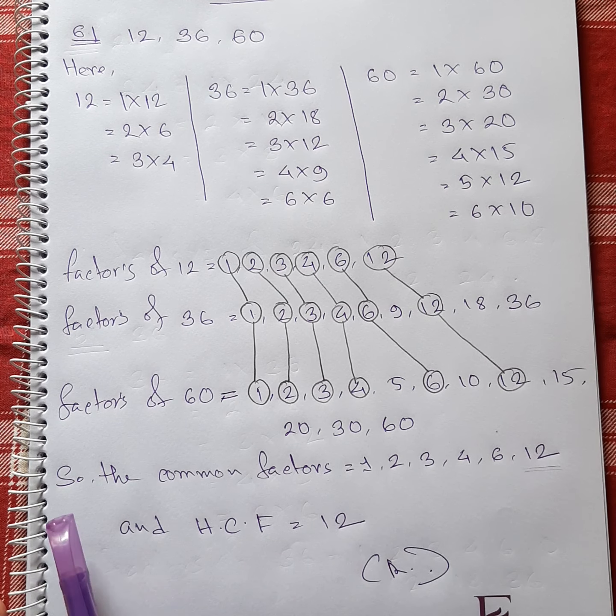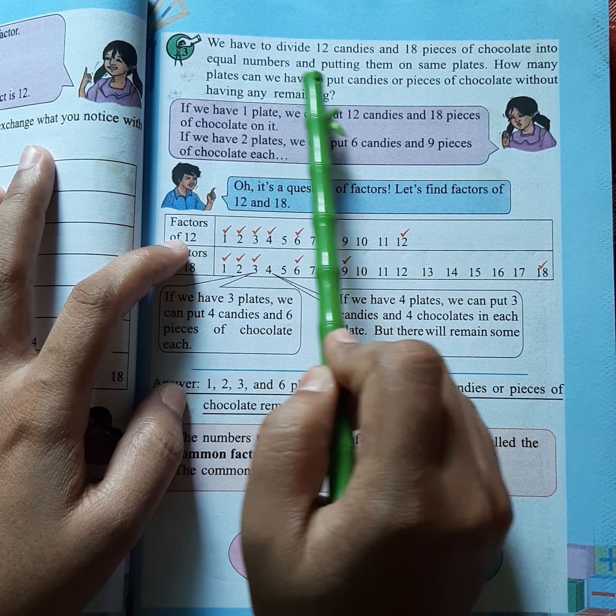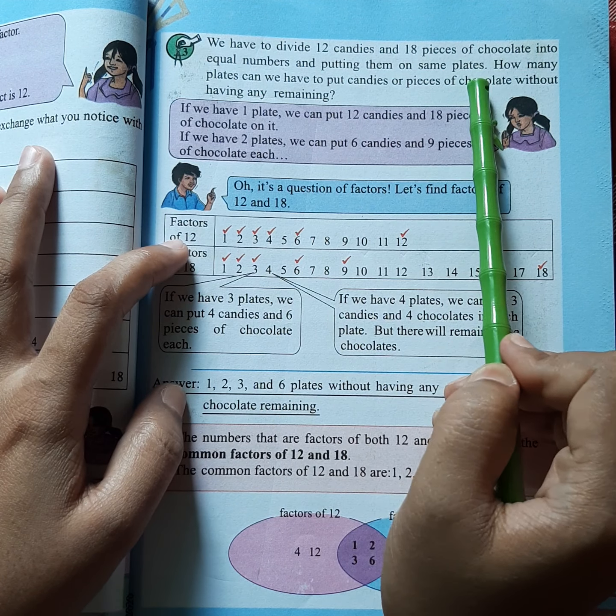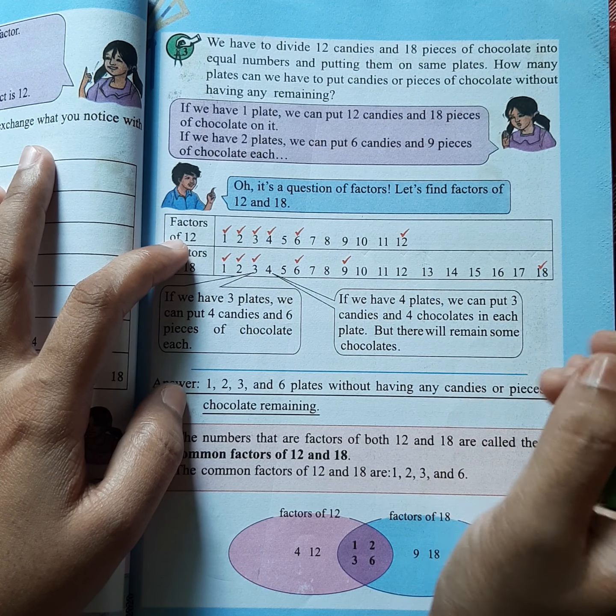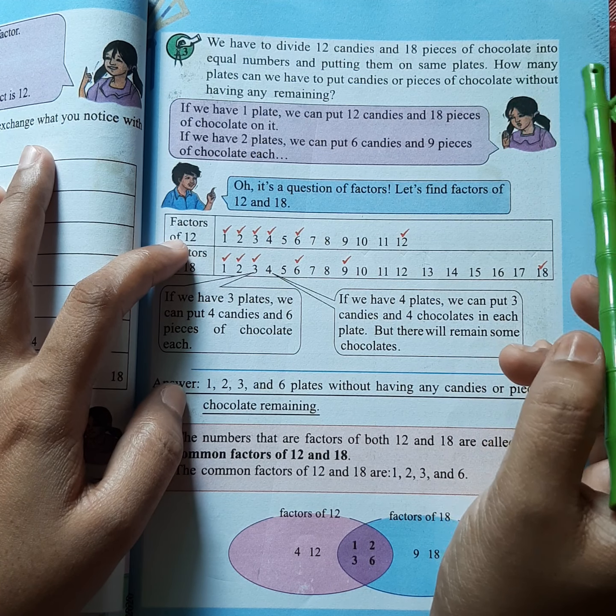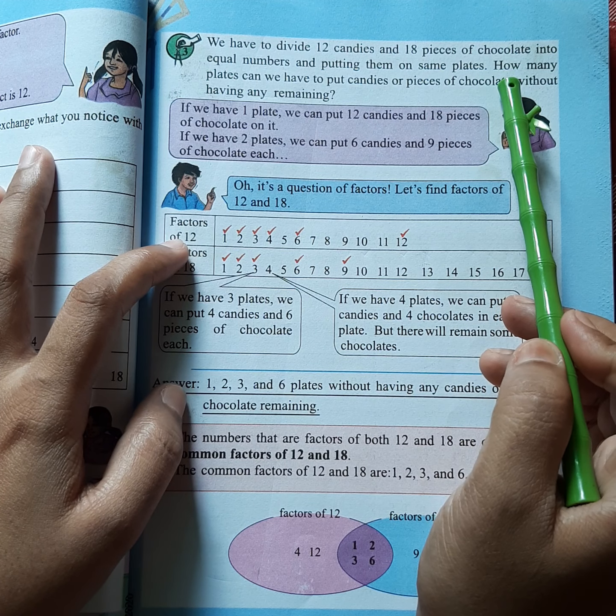We have to divide 12 candies and 18 pieces of chocolate into equal numbers and put them on the same plate. How many plates can we have to put candies and pieces of chocolate without having any remaining?